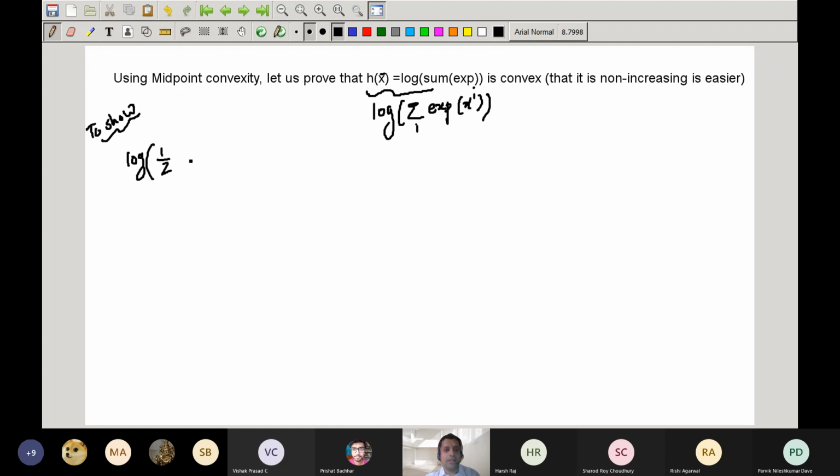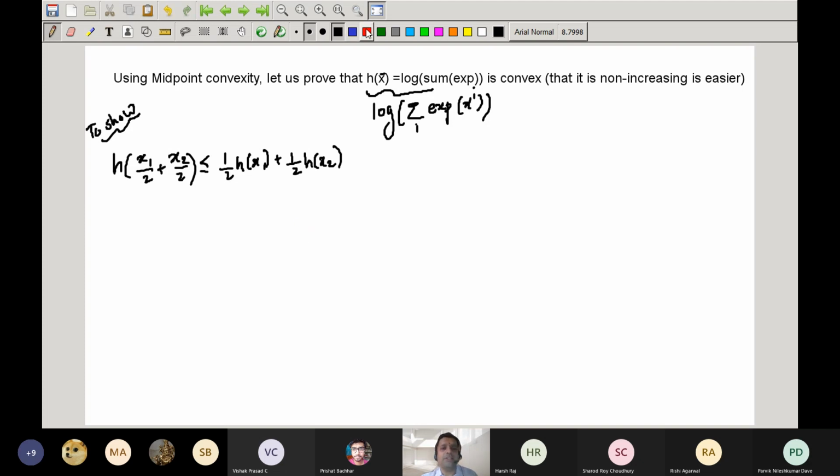So let me keep this simple and write h first, and then we'll expand. What we want to show is h(x1/2 + x2/2) is less than or equal to 1/2 h(x1) plus 1/2 h(x2).